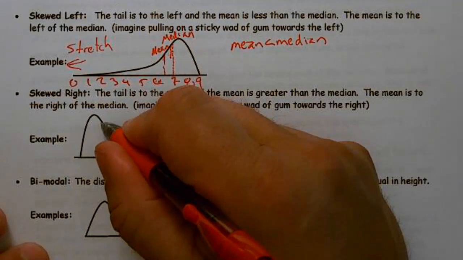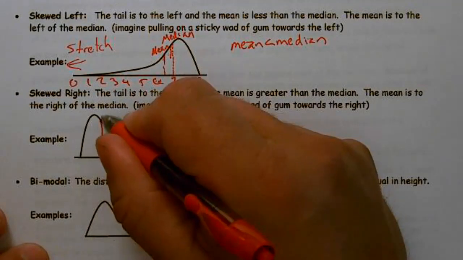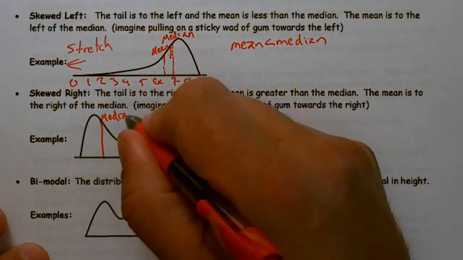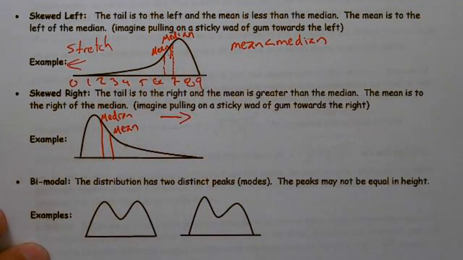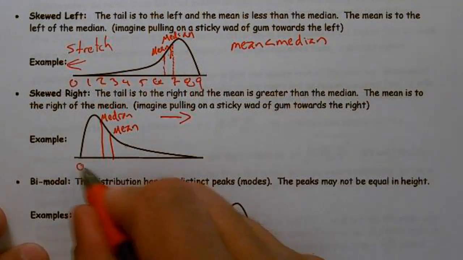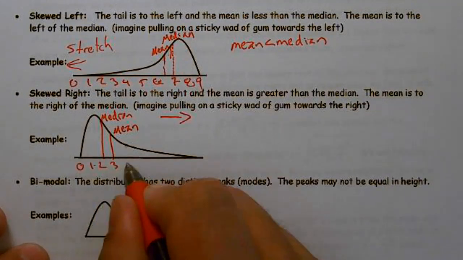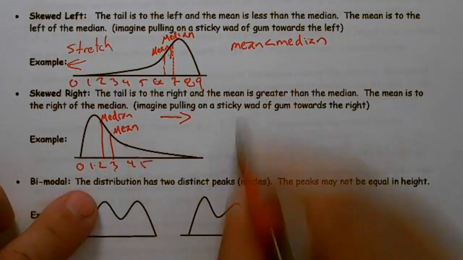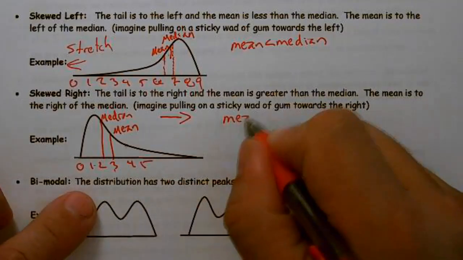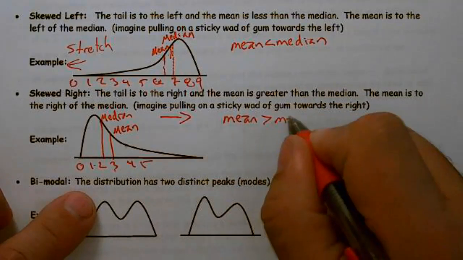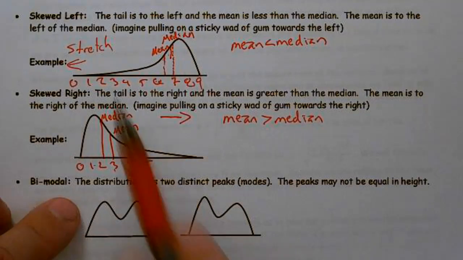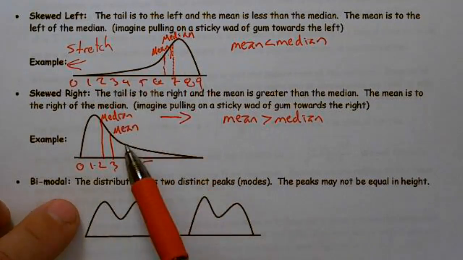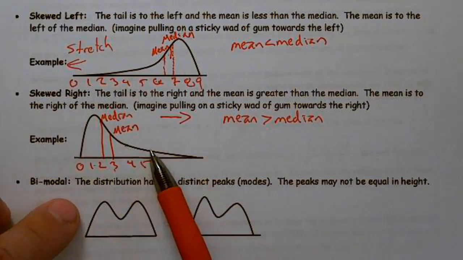And if our median occurred here, then our mean will be to the right of it. So in this case, we put a number line 0, 1, 2, 3, 4, 5. We see that the mean is greater than the median. Very important. So skewed left, mean is to the left. Skewed right, mean is to the right.